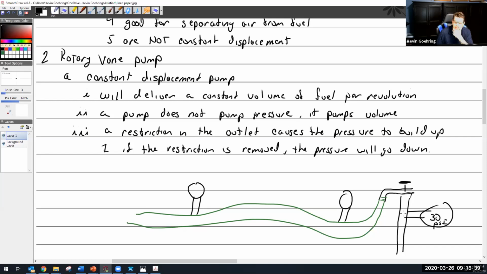That's the pump pressure from the municipal utilities, and they're trying to give me 30 PSI. And when I open this, they're going to do their best to try and maintain 30 PSI, but I no longer have quite the restriction. So when I open this, this is going to go down.